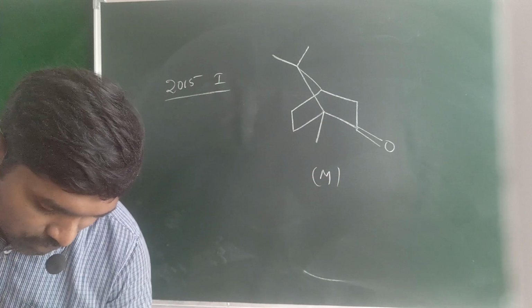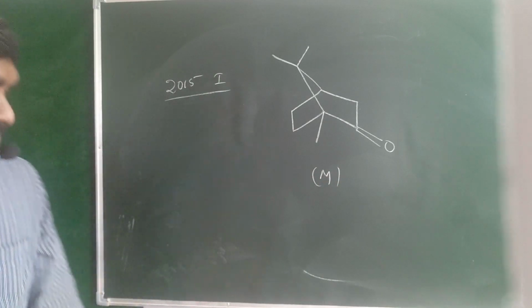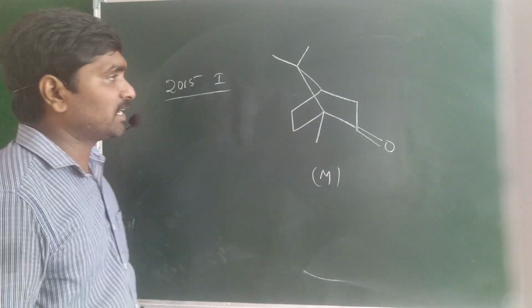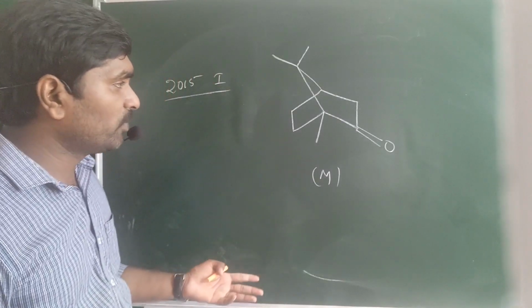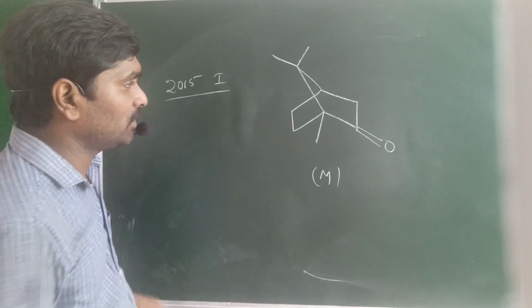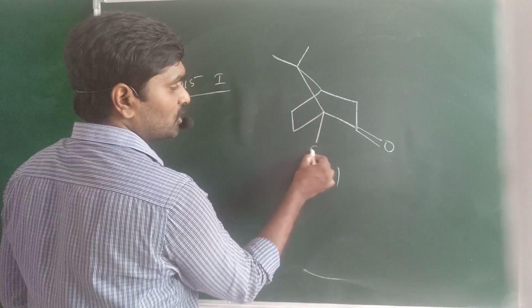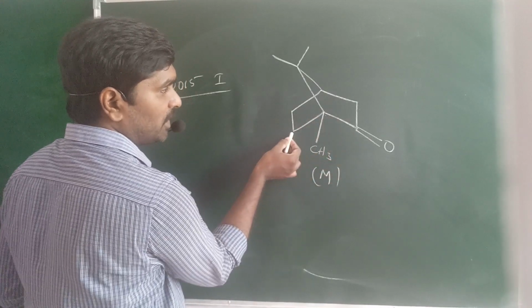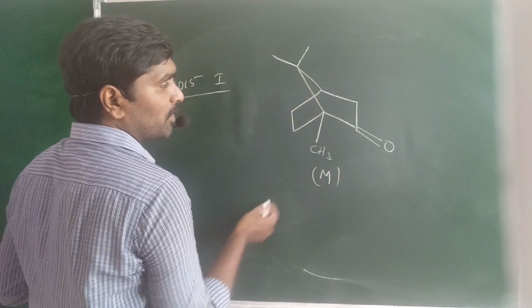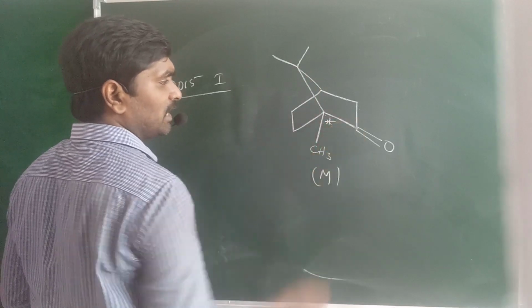First you should find the chiral centers. So when 4 different groups are attached to the carbon, it is chiral. When I take this one, it may be bonded with the CH3, on the right side C double bond O, on the left side CH2, and above the plane a carbon. So this should be the chiral center.